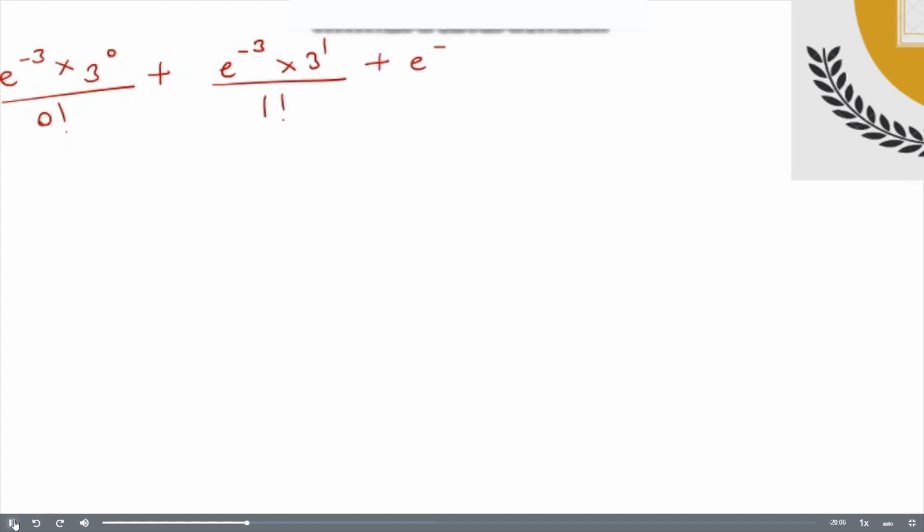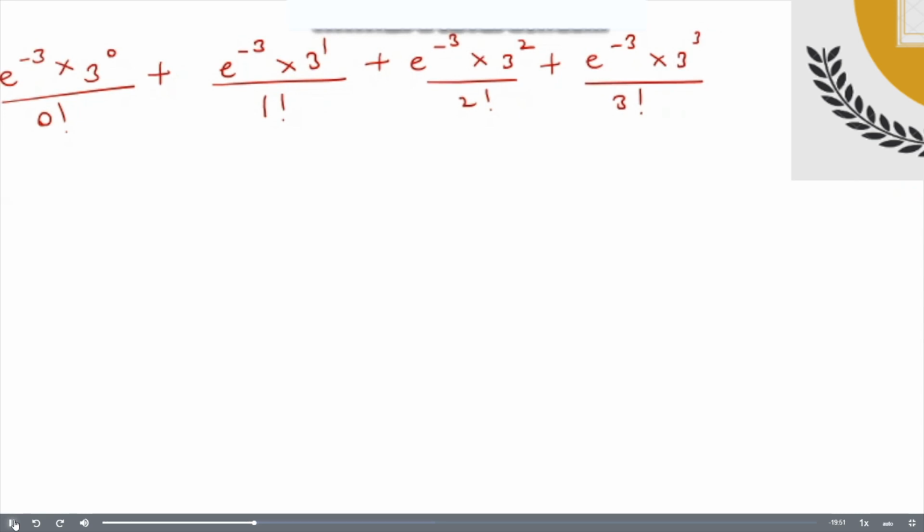And so p of r equal to 0 is e to the power minus m into m to the power 0. Here m is 3, so you can substitute 3 here. e to the power minus 3 into 3 to the power 0 by 0 factorial plus e to the power minus 3 into 3 to the power 1 by 1 factorial plus e to the power minus 3 into 3 to the power 2 by 2 factorial plus e to the power minus 3 into 3 to the power 3 by 3 factorial.